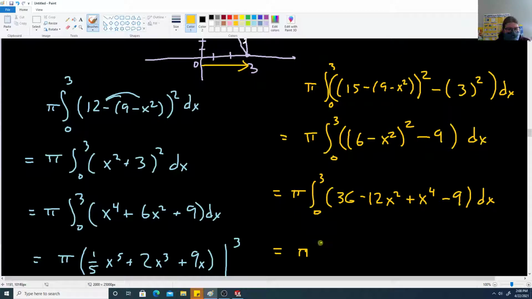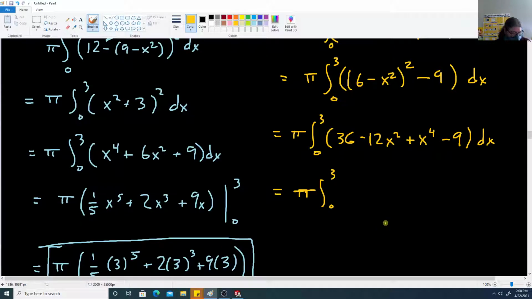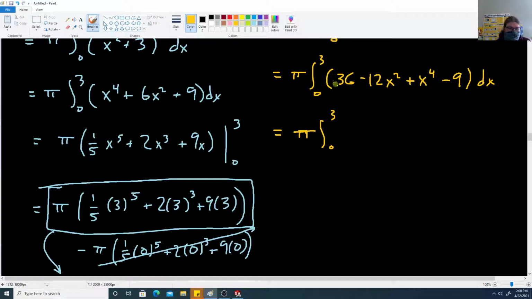This will equal pi integral of 0 to 3. 36 take away 9 should be 27. So this will be 27 minus 12x squared plus x to the 4th dx. We'll take the antiderivative here.